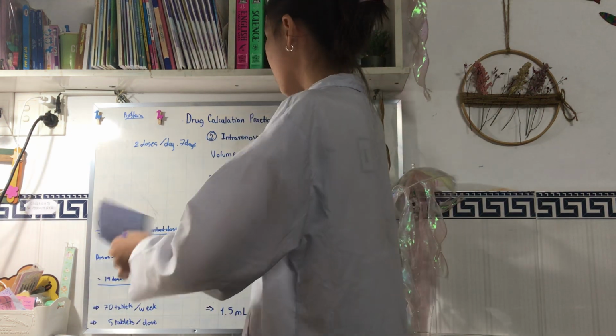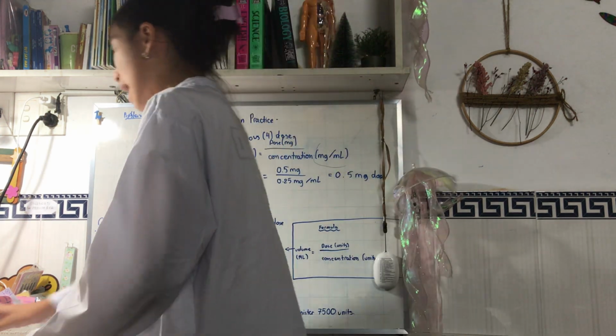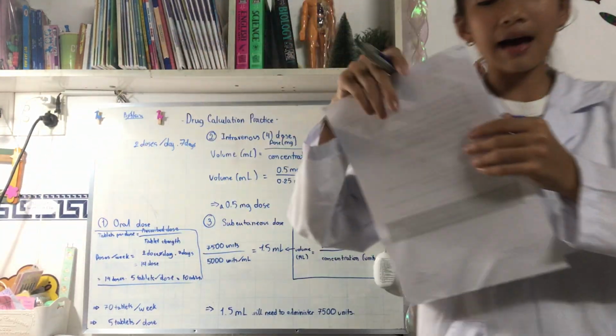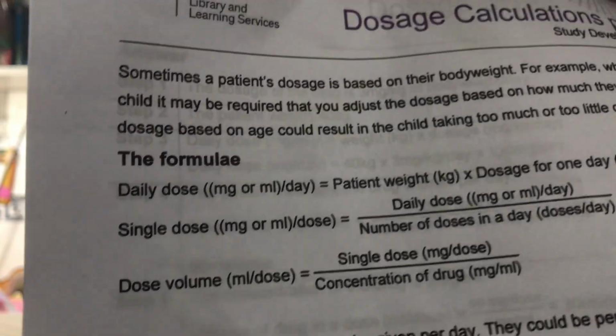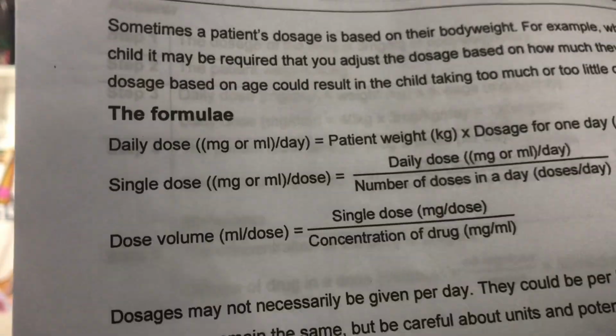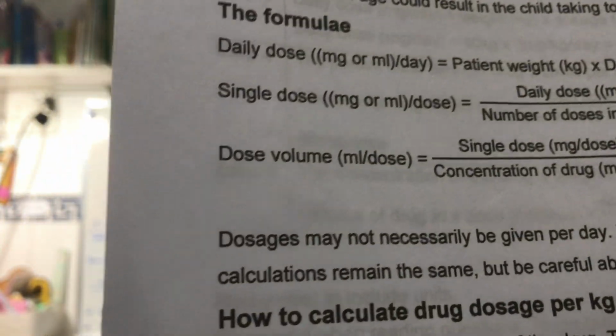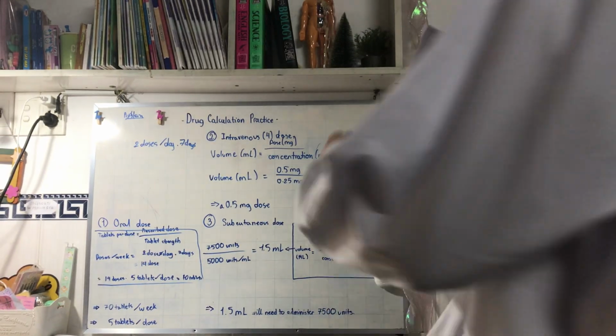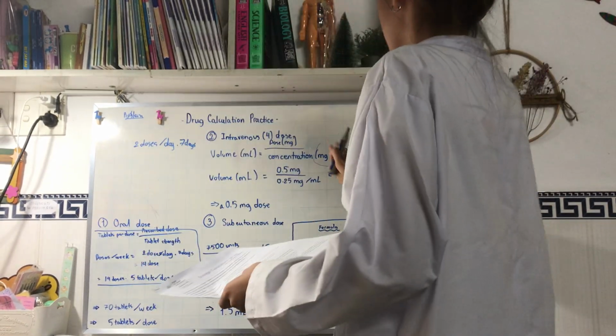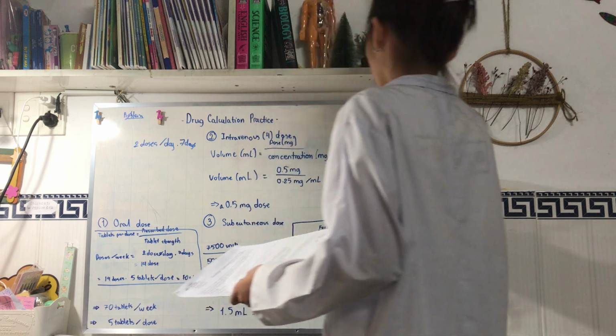The volume is in milliliters, and I do have the dose volume formula. If you recall, we have the single dose, which is milligrams per dose, divided by the concentration of the drug, and this is exactly how we have it on the board.